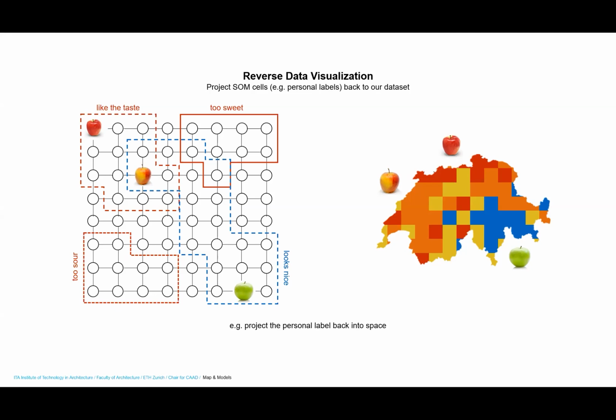Also, if I have, for example, data from two original sources, I can project them onto the same SOM and see the distributions of best matching units for these two different datasets, and then we can get an idea whether they are similar or not.